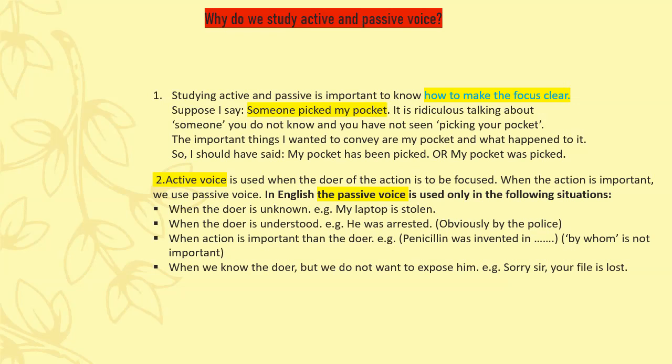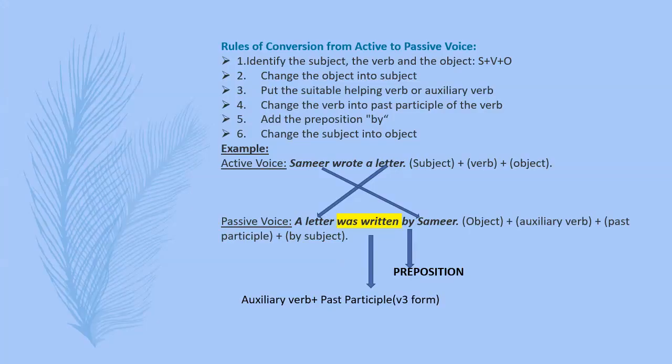When the doer is understood, he was arrested, obviously, by policemen. When the action is important than the doer, that is, the receiver receives the action, in that case also, passive voice becomes important. When we know the doer, but we do not want to expose them, example, sorry sir, your file is lost.